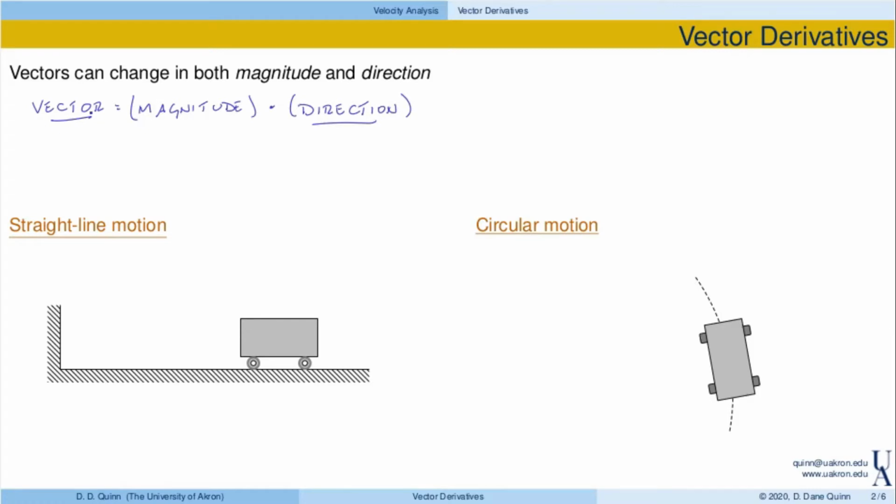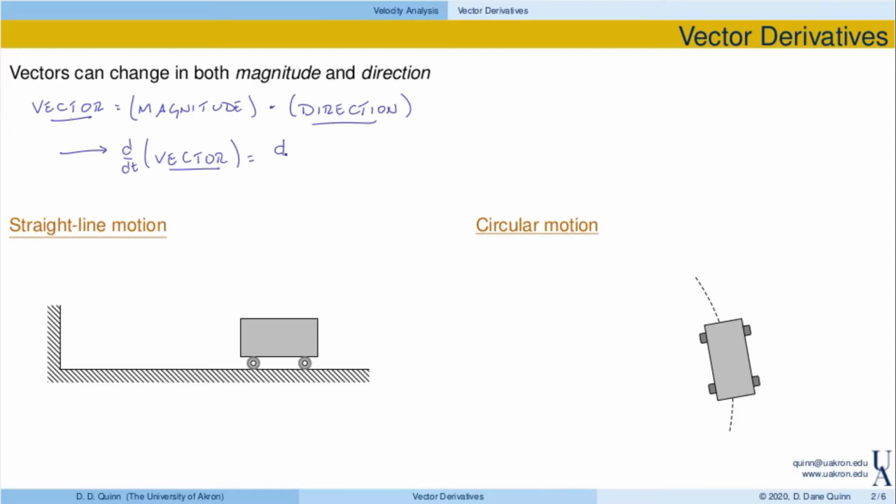Of course, these underbars indicate vectors, and the fact that the magnitude doesn't have an underbar means that it's a scalar quantity. So if I were to take the derivative of a vector, right, so the time rate of change of a vector quantity, then I would make use of the product rule.